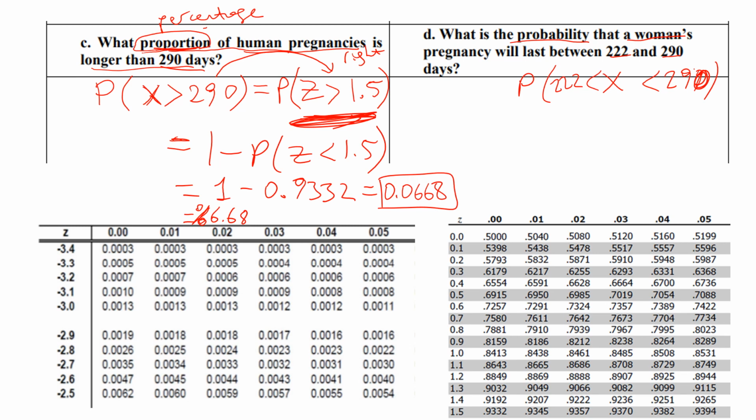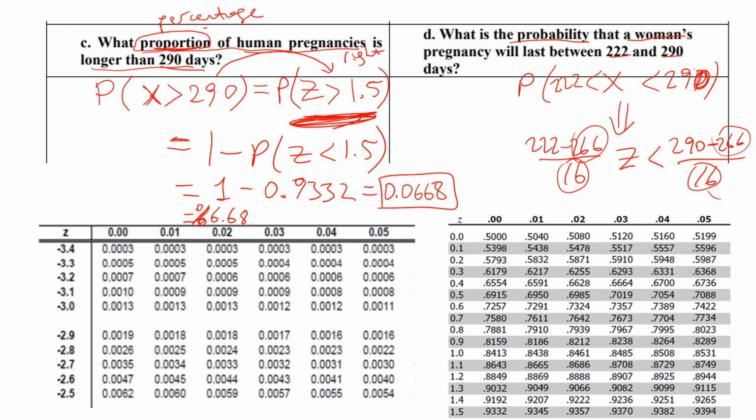So you will convert this to z again. You know the conversion rule: 290 minus 266 divided by 16, and 222 minus 266 divided by 16. Here 266 is the mean of x and 16 is the standard deviation. We already know that.